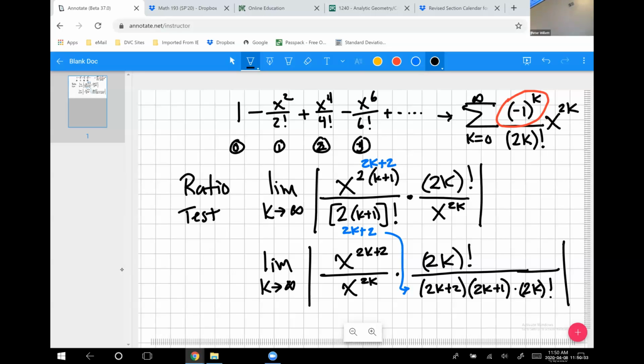I'm pulling off the first two multiples because then I can see that the top and the bottom of the fraction on the right both have 2k factorial, and I can simplify.